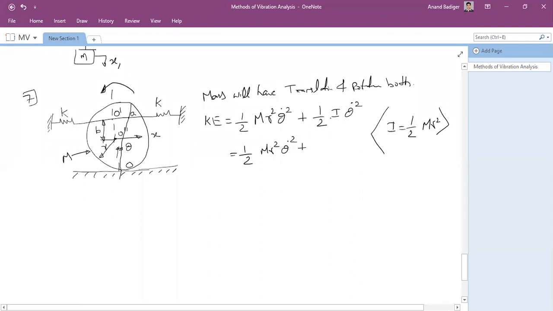So if I substitute I equal to half M r square in this equation, we are going to get half into half, that is 1 by 4, M r square theta dot square. So half M r square theta dot square plus 1 by 4 M r square theta dot square, if you simplify, 1 by 2 plus 1 by 4 becomes 3 by 4 M r square theta dot square. So this becomes the kinetic energy of the given object.